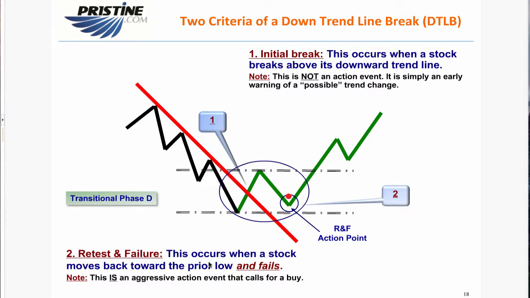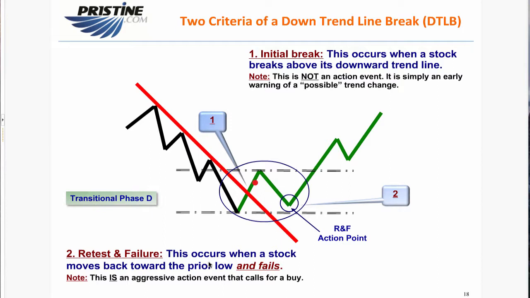Now, again, it's just the opposite. When you get the initial break to the upside of your downtrend line, that is not an actionable event, but a warning of a possible trend change. It tells you, hey, things have started to transition here. There's a bit more strength than there was before. Okay.